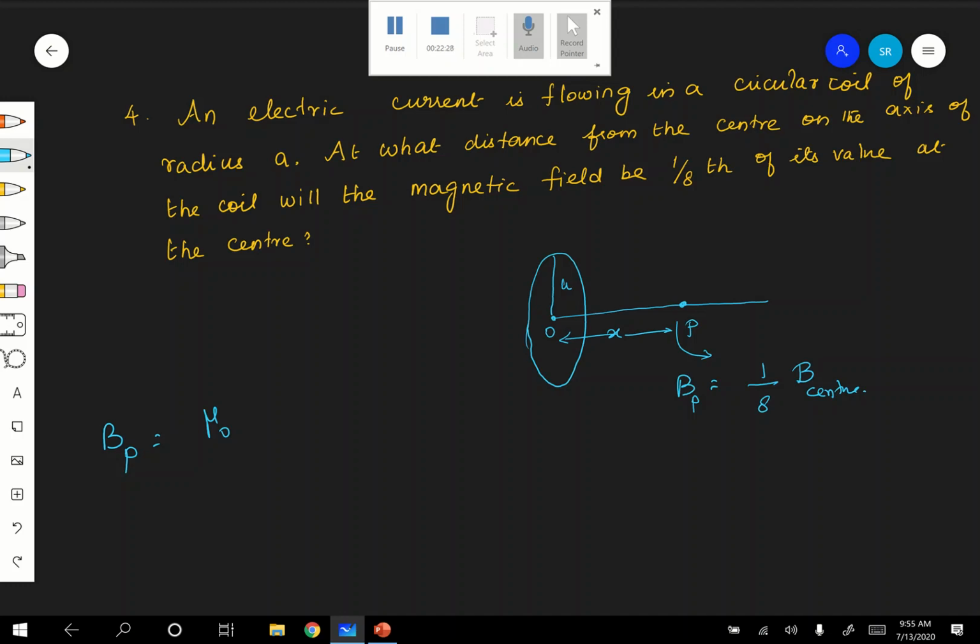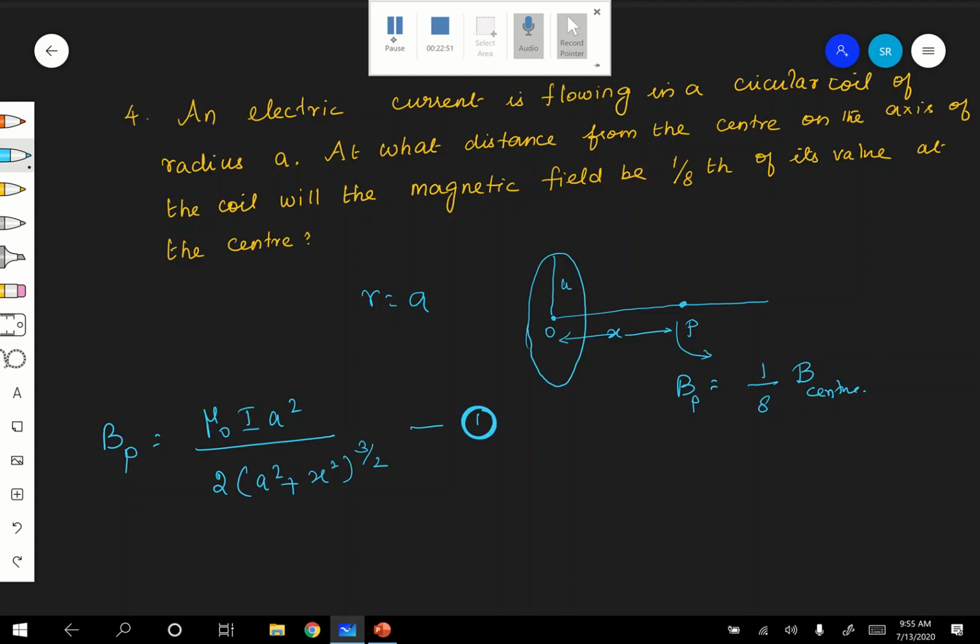Therefore, mu naught I A squared by 2 into A square plus X square the whole power 3/2. Here R is equal to A, because it is given. So this is BP.